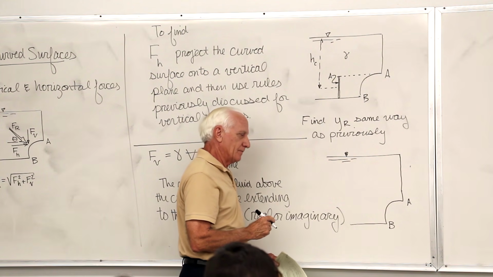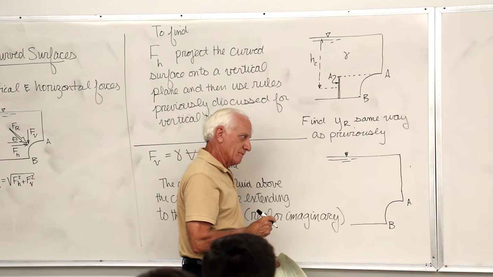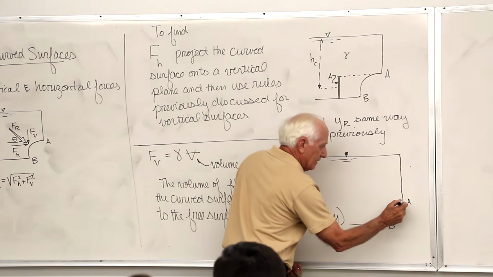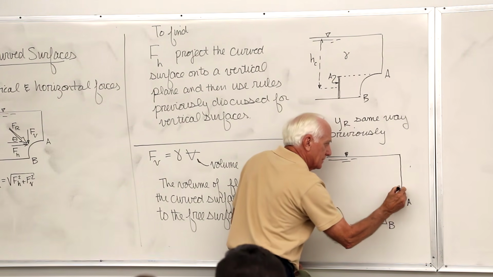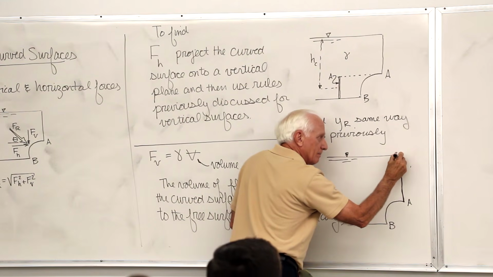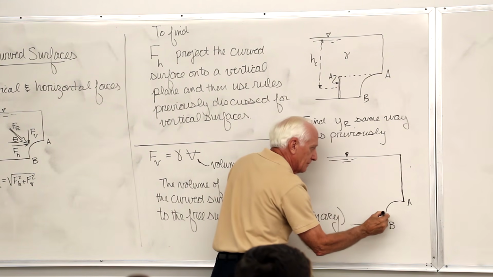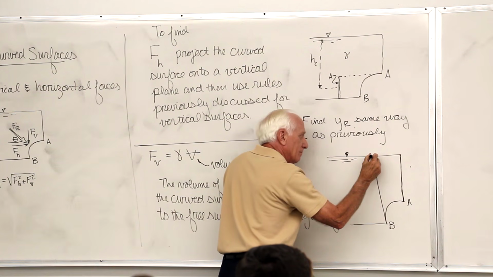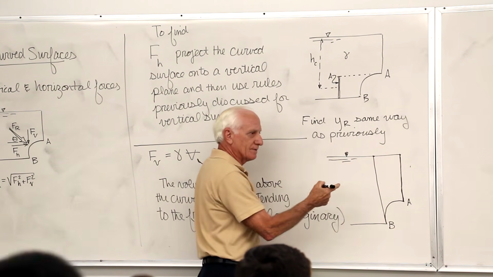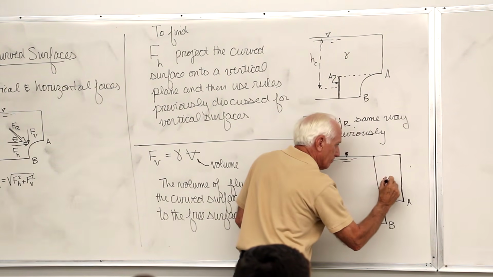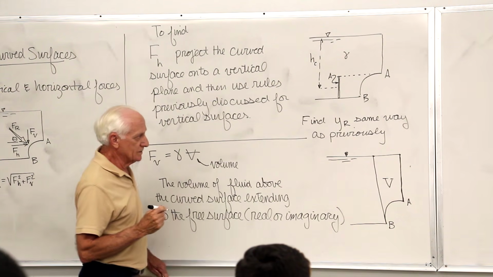Go from the endpoint A vertically up until you hit the free surface. Stop. Point B, go up vertically until you hit the free surface. Stop. That's the volume.